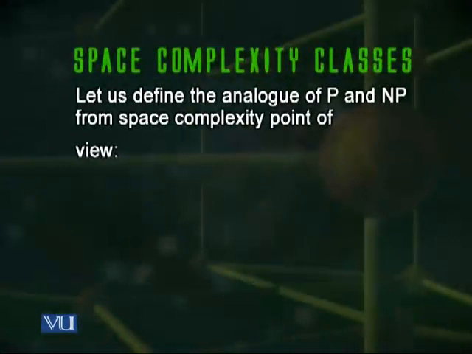Now, let us define the analogs of P and NP from a space complexity point of view. Remember the classes P and NP, which we studied in time complexity. Remember how important they were. Remember that we said that P is the set of all problems that we can solve in practical time. These are problems that we consider tractable from a time point of view.